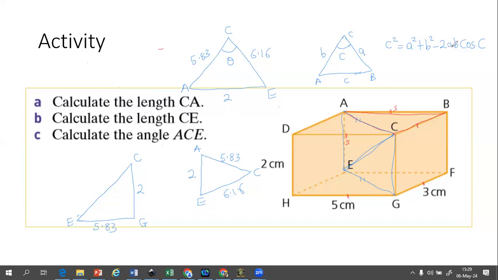Now this is our rule. Now we are going to start putting in the values.